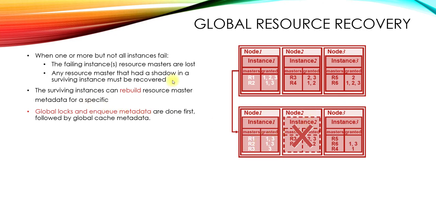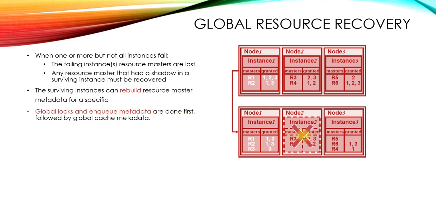Okay, and rebuild the resource master metadata, because you don't want to lose it, because the master instance has the information for those specific rows or specific blocks. Global locks and enqueue metadata are done first.